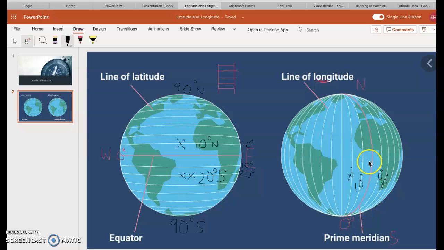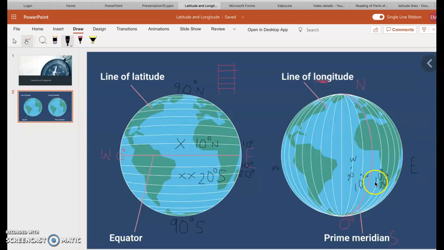So, prime meridian is at 0. This would be 10 degrees. Remember, the compass rose west and east. This would be 10 degrees west of the prime meridian. This would be 20 degrees west of the prime meridian, 30 degrees west, 40, 50, 60, 70, 80, 90.